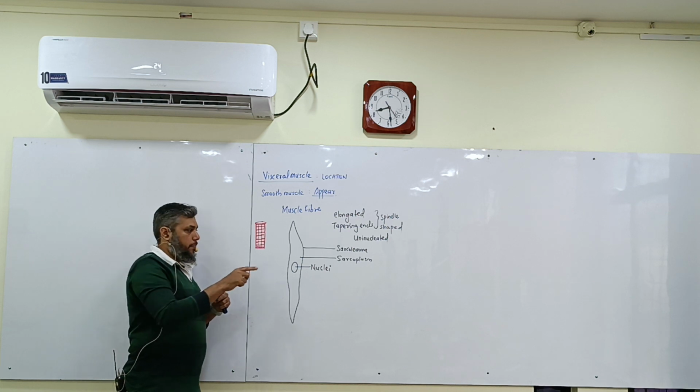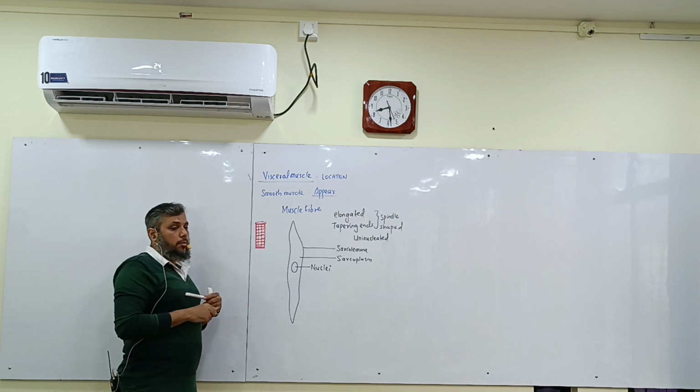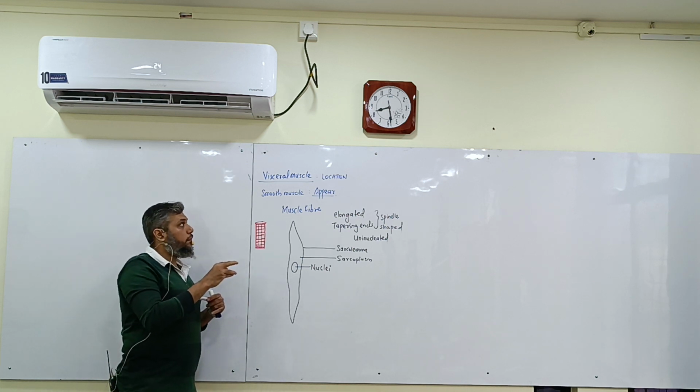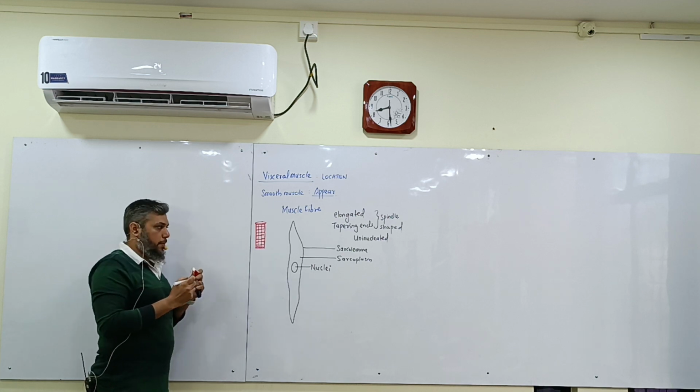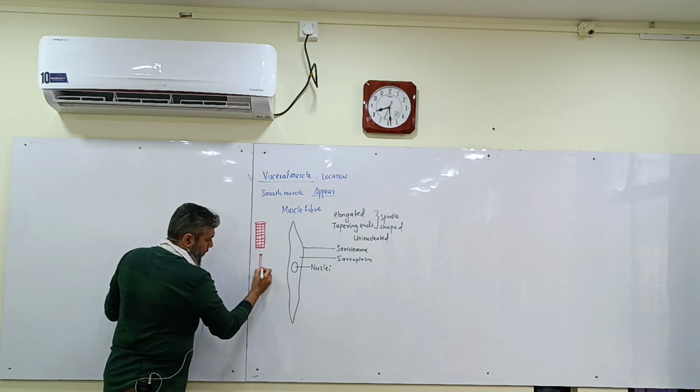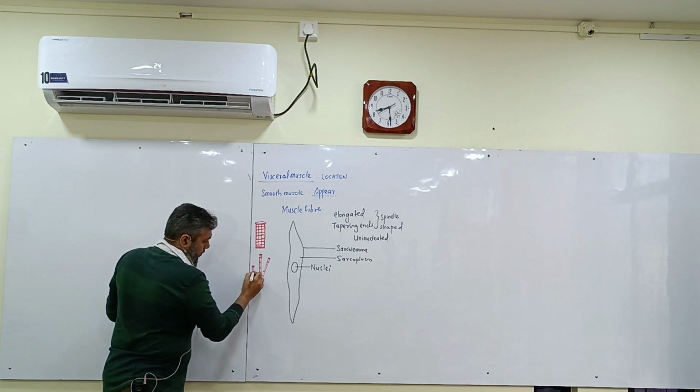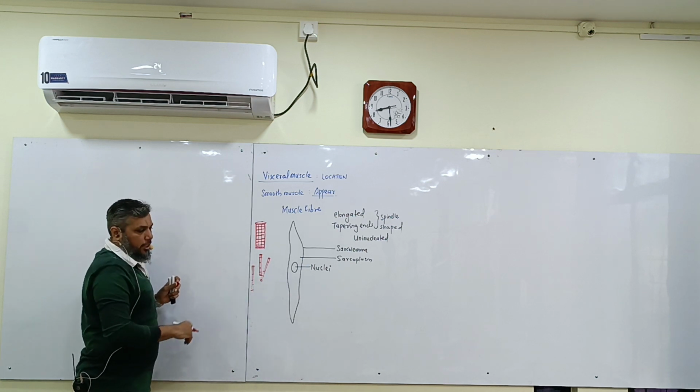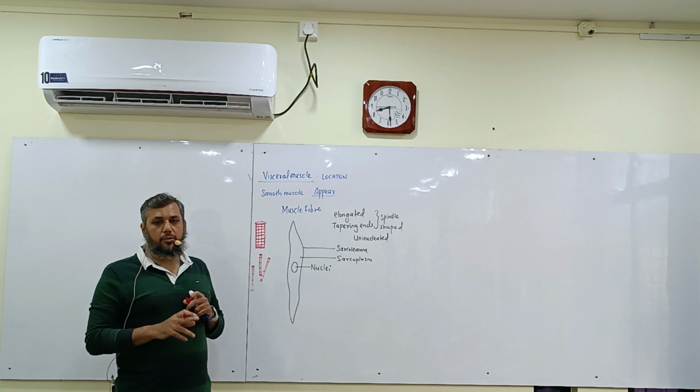But in the muscle fiber of a visceral muscle, you have myofibrils which are present. Are they parallelly arranged or scattered here and there? So will they give a striated appearance or a non-striated appearance?